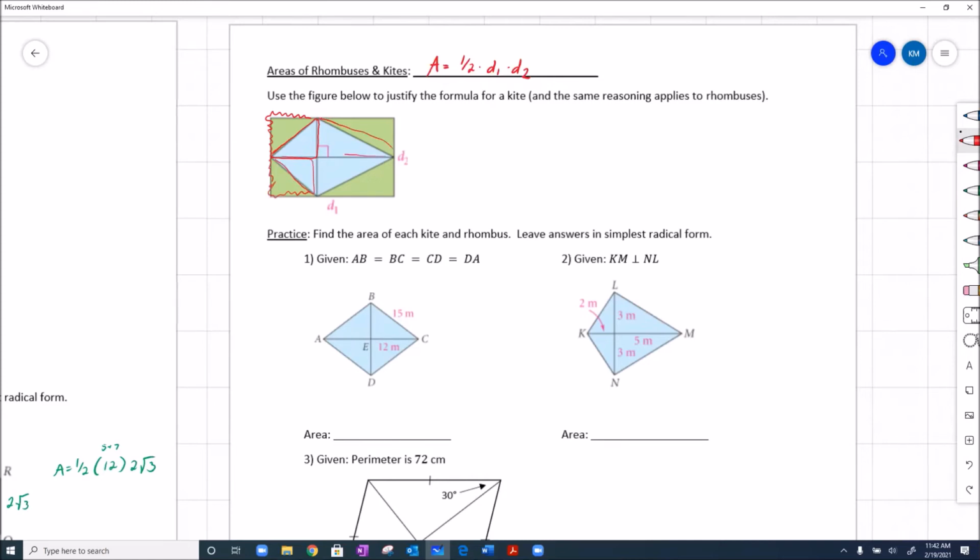We doubled this triangle, we doubled this triangle, and what we have now is a whole parallelogram. And when we look at the dimensions of these parallelograms, the dimension here, use a different color.